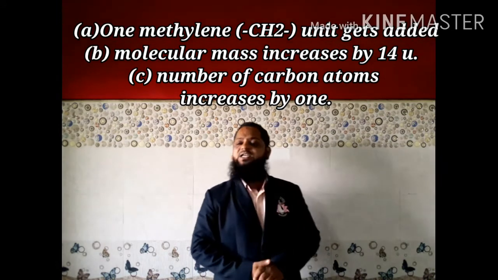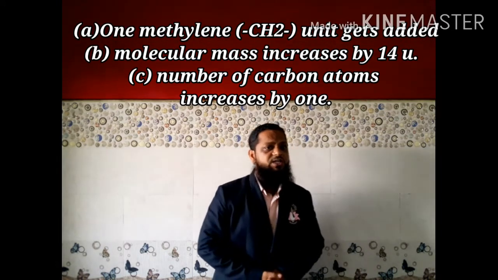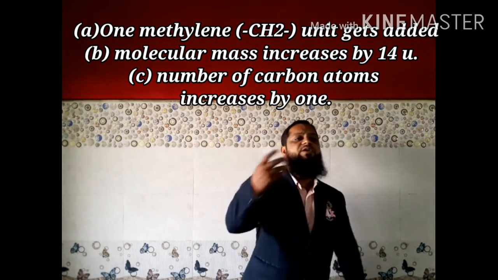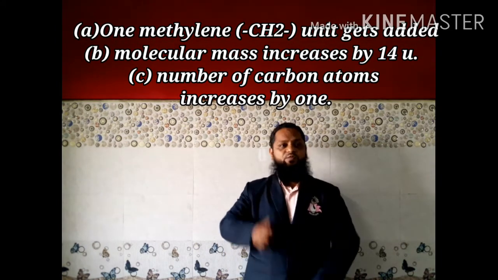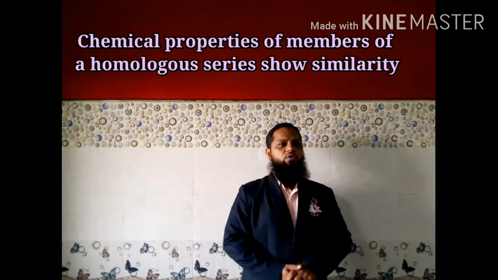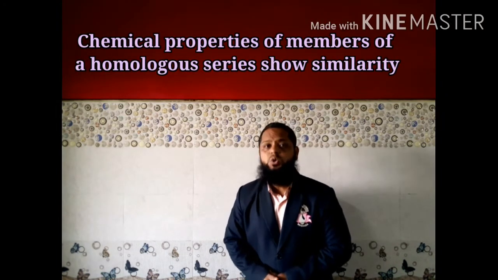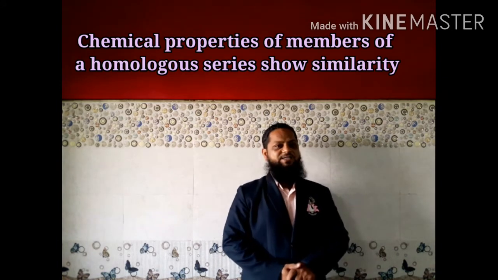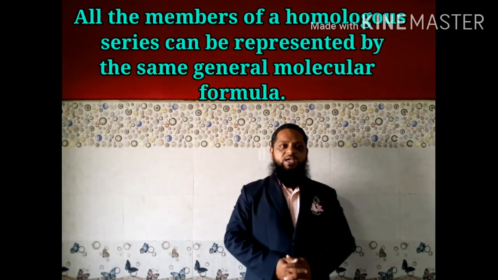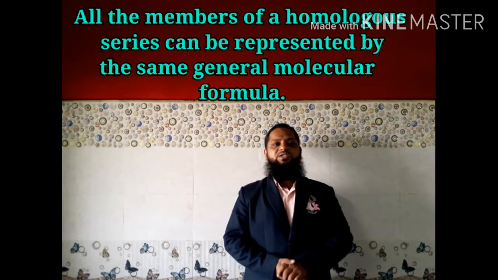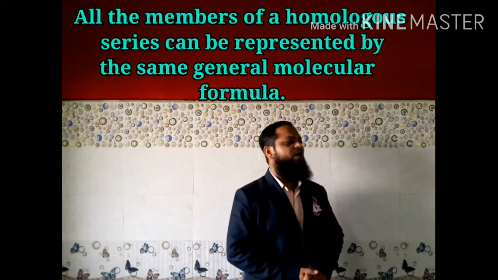Molecular mass increases by 14 Dalton. Number of carbon atoms increases by 1. Chemical properties of homologous series show similarity. All the members of a homologous series can be represented by the same general molecular formula.